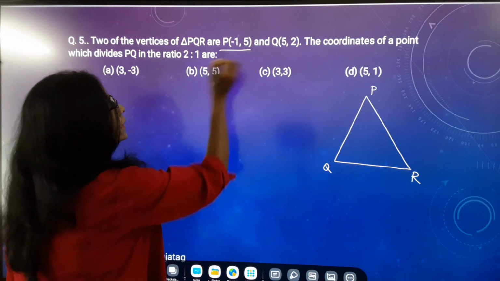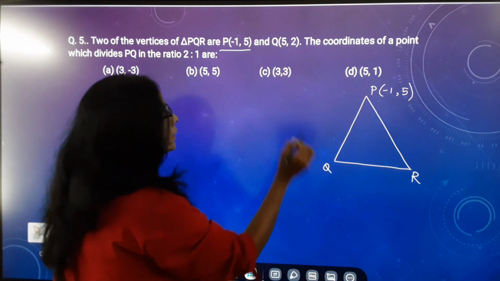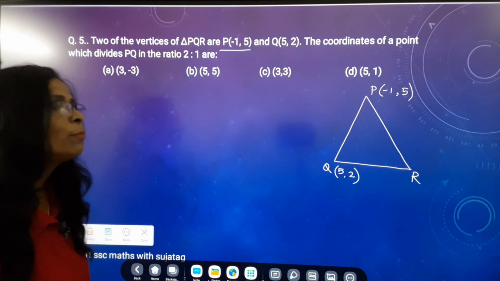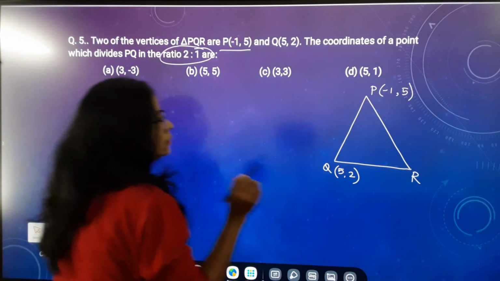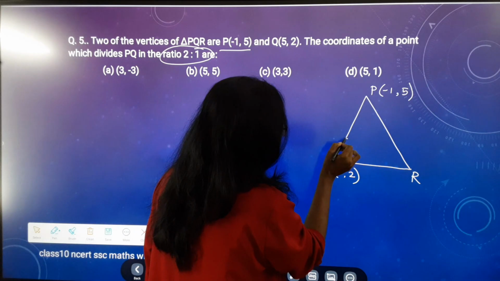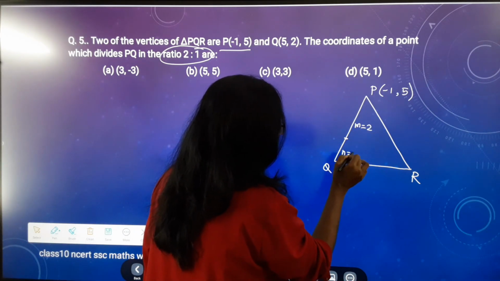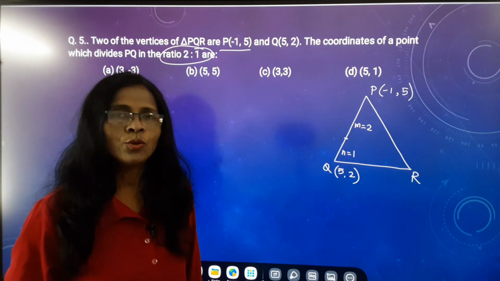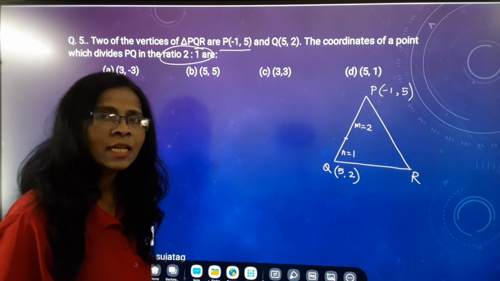Then the coordinate of P is (-1, 5), and the coordinate of Q is (5, 2). Then the coordinates of a point which divides PQ in the ratio 2:1. I take m is equal to 2 and n is equal to 1, which divides in the ratio 2:1. So here by the section formula we can solve this example, students.